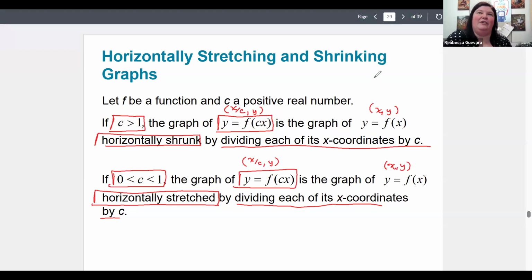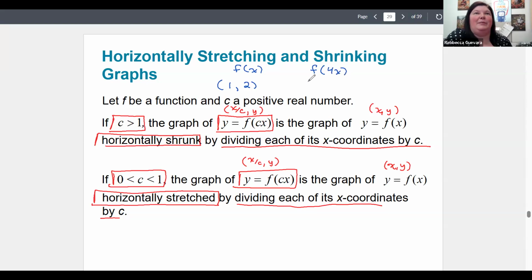So this is a thought here. What's going on is that let's say f(x) is going to have the point (1, 2). And then we're going to have f(4x) over here.